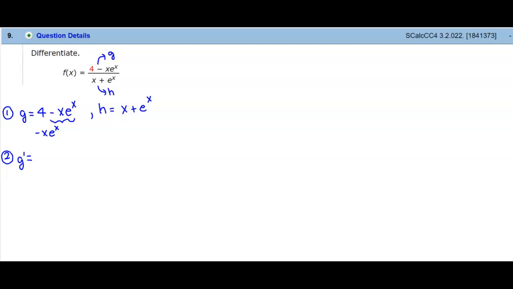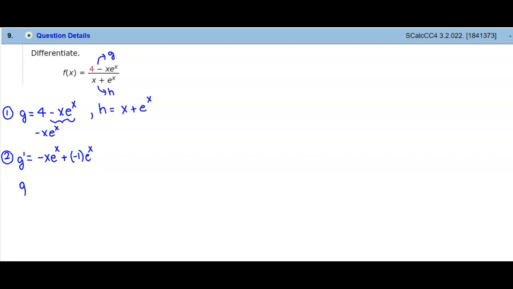Remember here that you're taking the function f, so this is negative x times the derivative of e to the x, which is e to the x. And then plus, we're going to take the derivative of negative x, which is negative 1, and multiply it by e to the x.